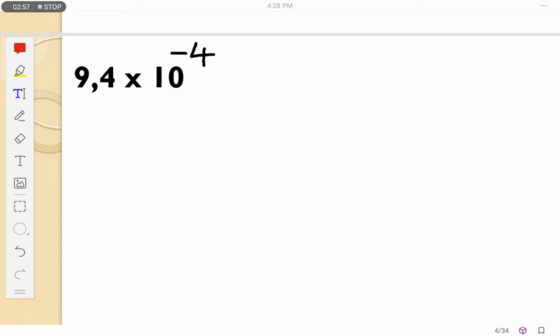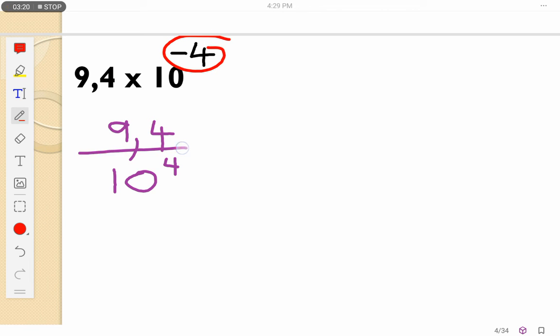I've got 9.4 times 10 to the power of minus 4. I think we are going to use the fraction method first. So for our fraction method, we are going to have this as 9.4 over 10 to the power of 4. The negative is gone because we have written it over, so it's now a positive there.